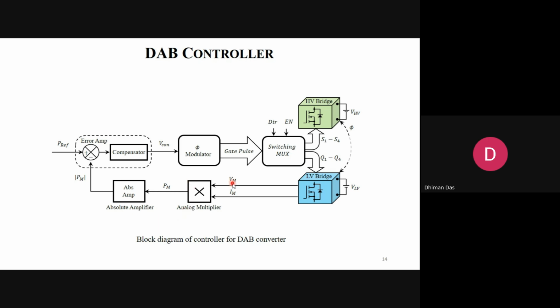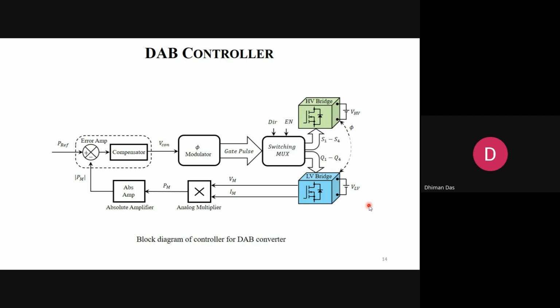So when you do so, you need to take a voltage sample and a current sample and multiply those two signals to get the power. Now since it is a bidirectional power transfer, this power can be positive as well as negative. When you transfer from HV to LV, you may assume that power is positive.